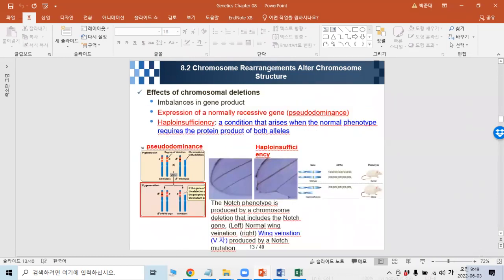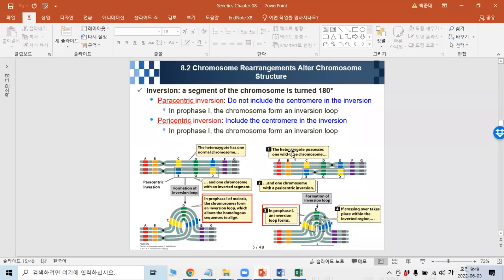And when paracentric inversion happens, what is paracentric inversion? Paracentric inversion does not include the centromere, but pericentric inversion includes the centromere in the inversion.